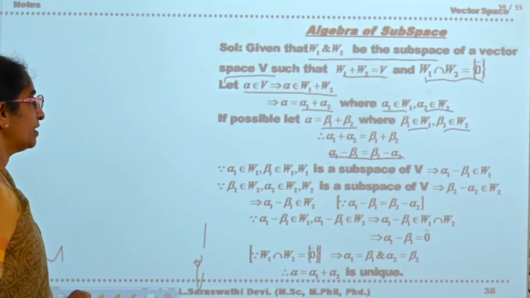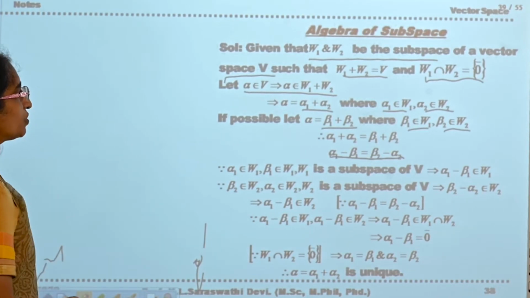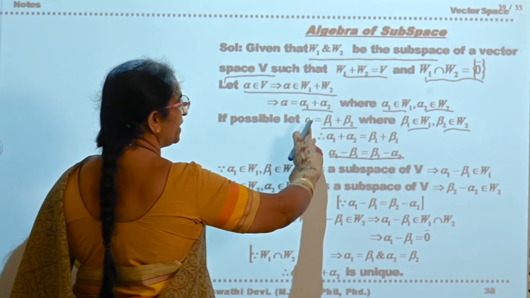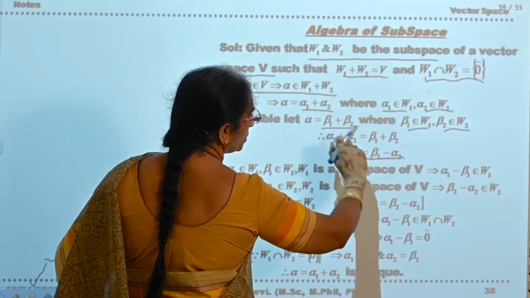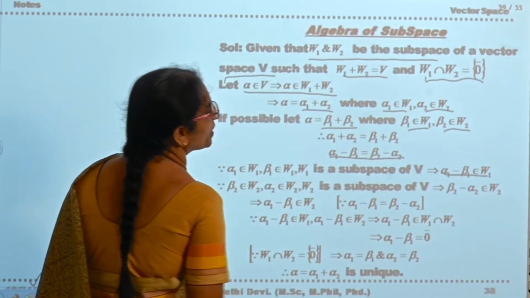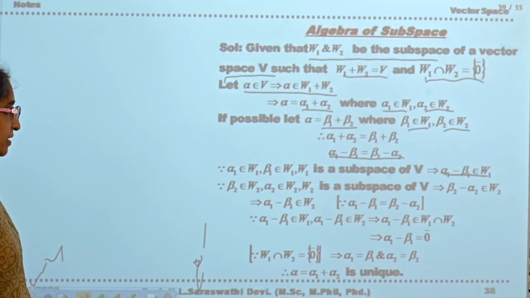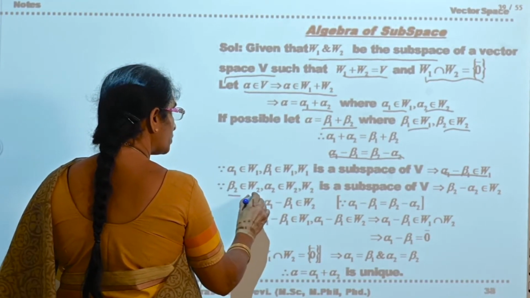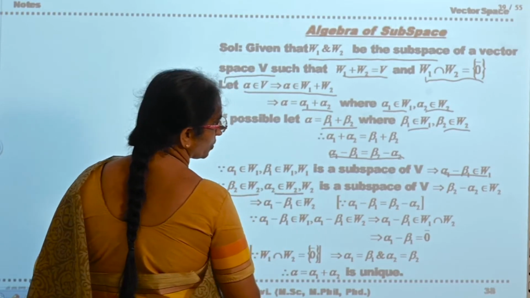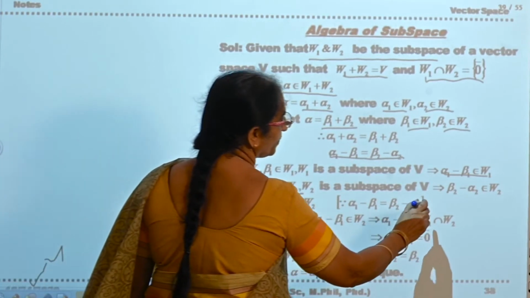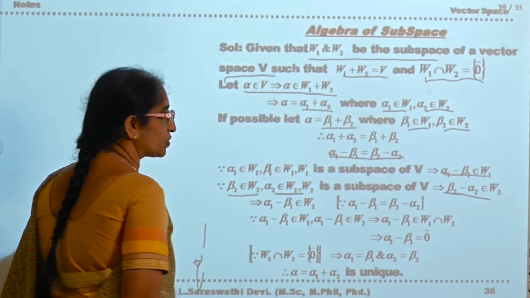Keep it aside. Now alpha 1 belongs to W1, beta 1 belongs to W1. So their difference belongs to W1 because W1 is a subspace. Similarly, beta 2 belongs to W2, alpha 2 belongs to W2, so beta 2 minus alpha 2 belongs to W2.